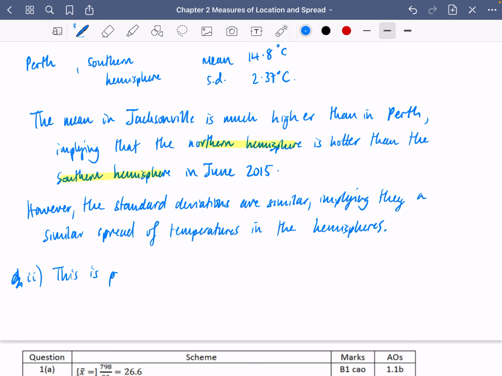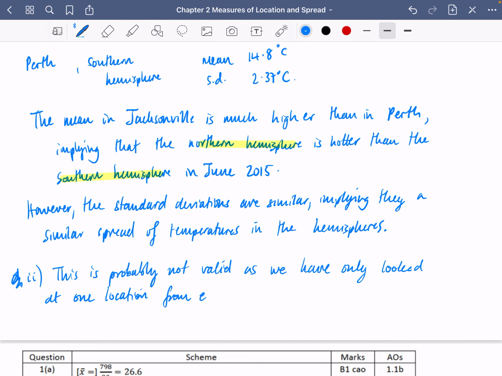This is probably not valid, as we have only looked at 1 location from each hemisphere. So likely not representative.